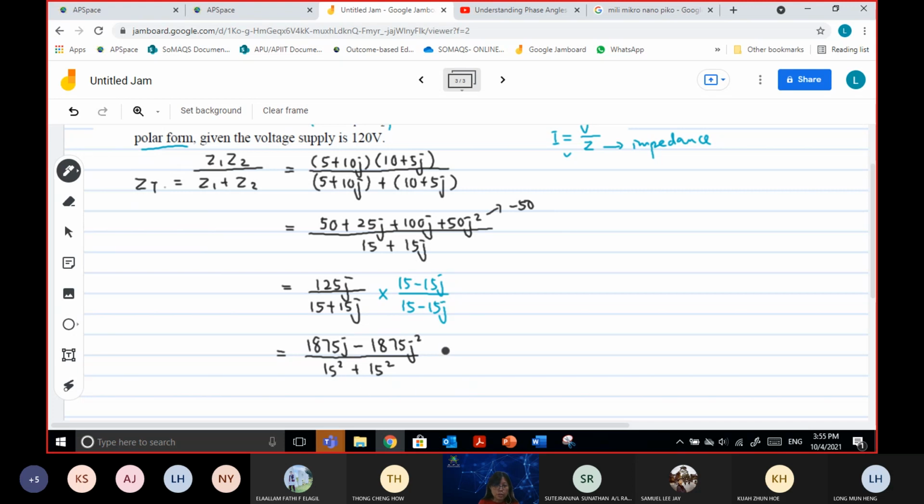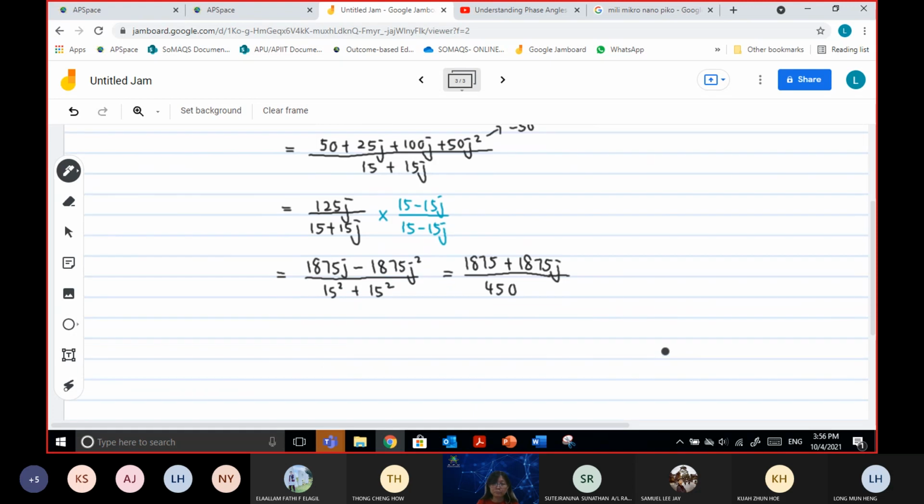Let's simplify it. So the bottom is 450. The top, you have J squared, which is minus 1, so it becomes plus. So you have 1875 plus 1875J.